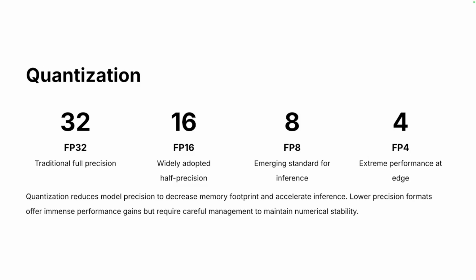And then at the extreme end is FP4, which pushes performance boundaries even further. Across all these different precisions, we always have a trade-off. Maintaining higher precision means you need to use more resources.